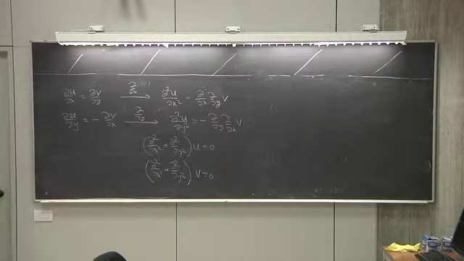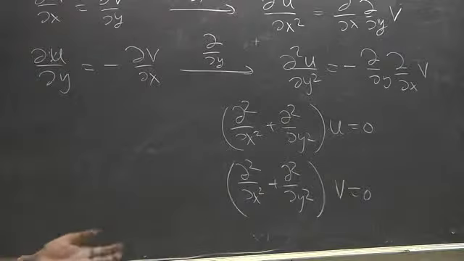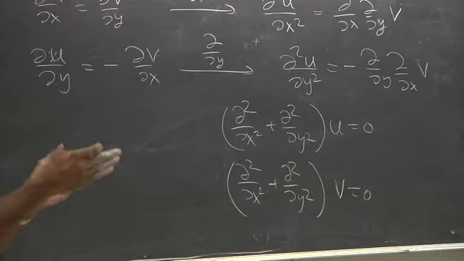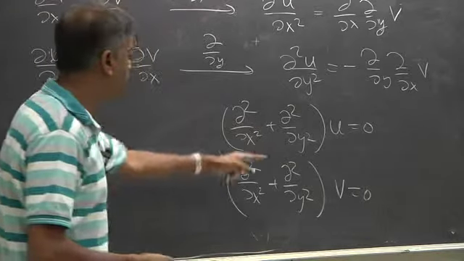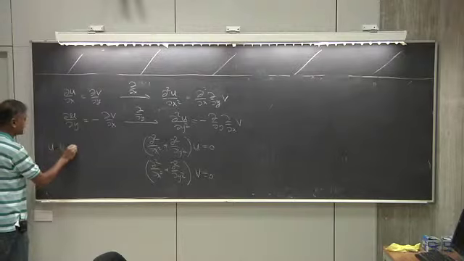By the way, the functions which satisfy the Laplace equation are called harmonic functions. That's a definition. Any function on which the Laplacian acting is 0 is called a harmonic function. So what we are saying is that u and v both are harmonic.